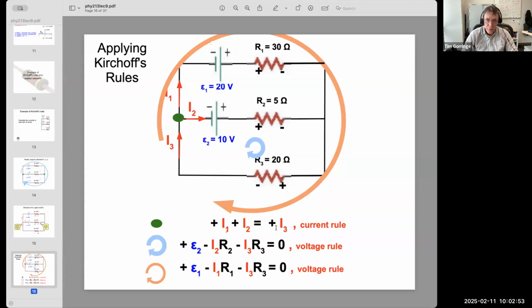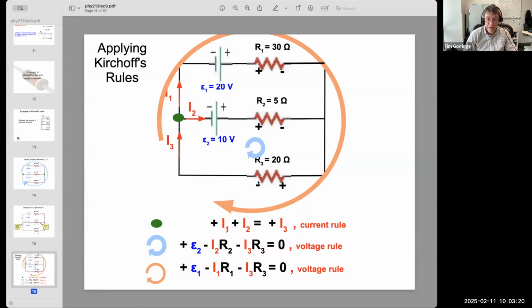Now the peach loop around the entire circuit. When you walk around the outside of the entire circuit, the only components you meet are the 20-volt battery, where I go up the potential hill, then the resistor R1, 30 ohms. You go down the potential hill in R1 by an amount I1 R1, or 30 I1.